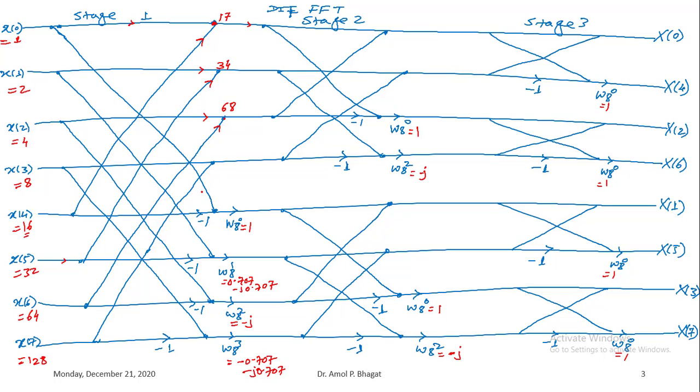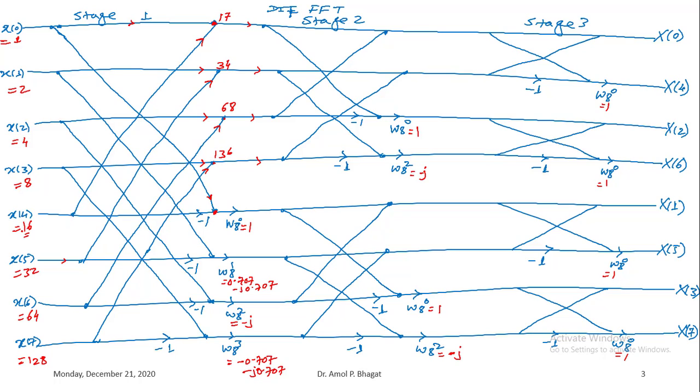Similarly here 8 plus this 128, so it is 136, right? So all these 4 outputs will be input at stage 2, that is 17, 34, so those will go here as it is. In this case again this 1 is coming from this side, right?